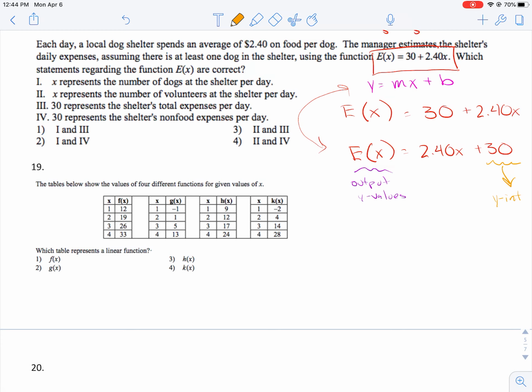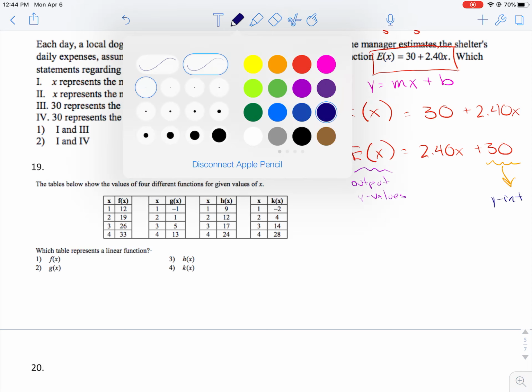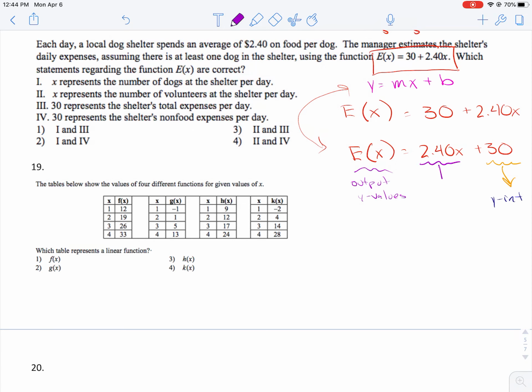So this right here, this is our output, right? Our y values. Okay. Right here is our y-intercept. Write that in a different color, for those of you that are colorblind. Y-intercept, which means this little piece in the middle here is our slope. Okay?